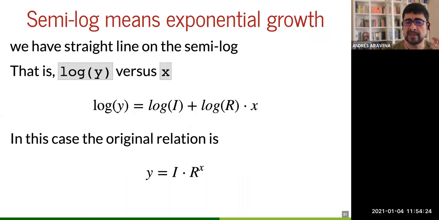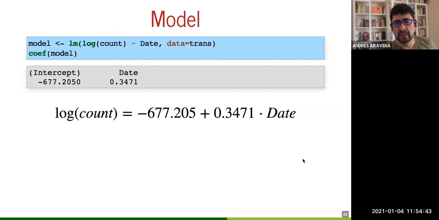I'm explaining again the same idea. Log y versus x, and the original formula is this. So the coefficients are going to be the log of the initial value plus the log of the growth rate. And voila. You take the same plot, you replace, and you get the coefficients.